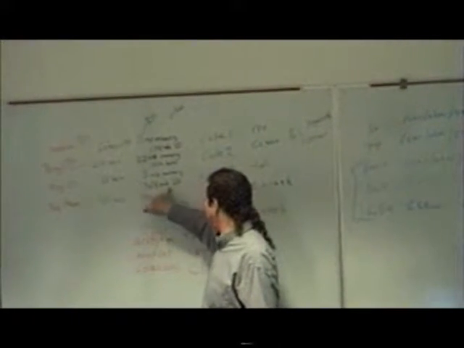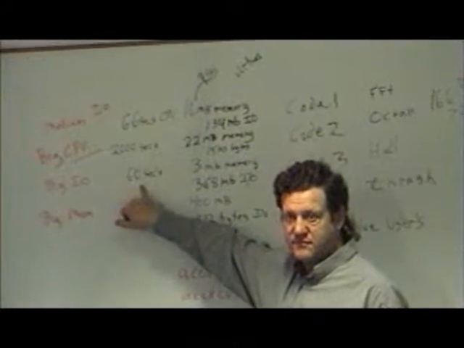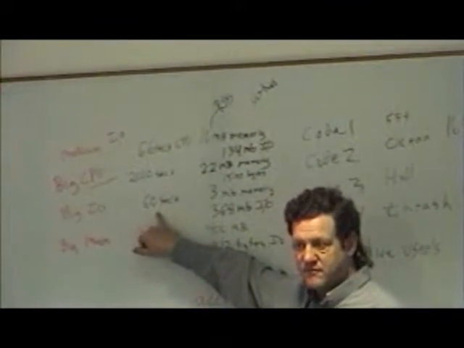So remember when I characterized these, I said code 3 was big I/O. It was small in memory, only 3 meg, but it moved 368 megabytes in 60 seconds of CPU time.